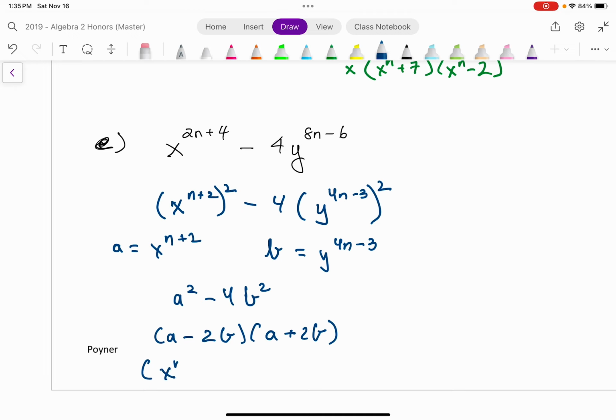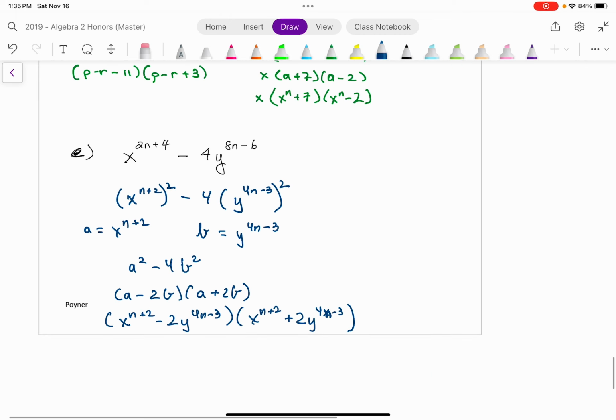So that would be x to the n plus 2 minus 2y to the 4n minus 3. And then the other one would be x to the n plus 2 plus 2y to the 4n minus 3, like that. Okay, temporary substitution. That's about all we know for factoring so far.